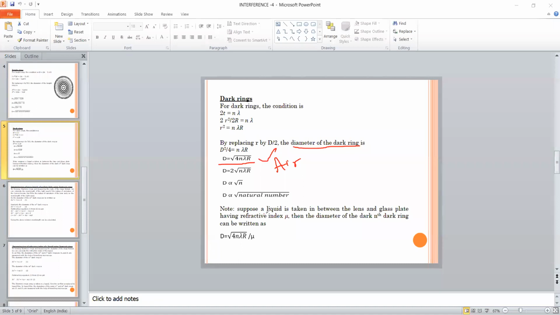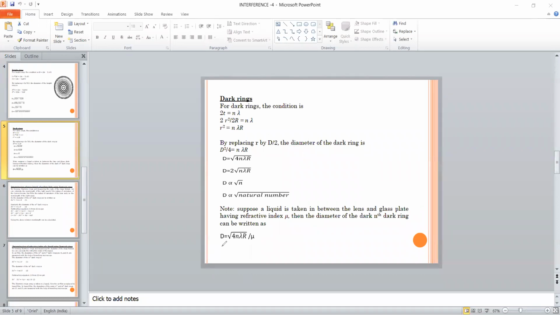If there is any liquid between the plano-convex lens and glass plate, now this formula becomes D is equal to 4n lambda r by mu. So this is with some liquid as a medium.